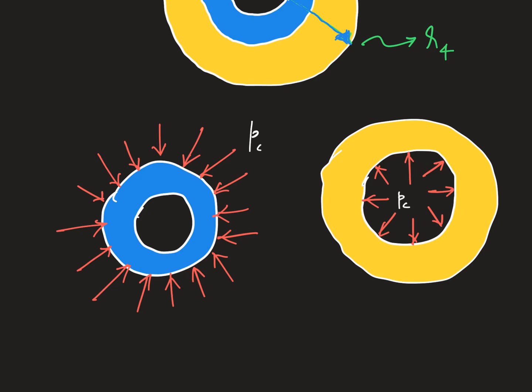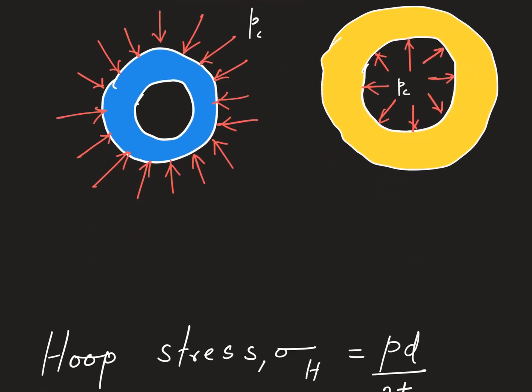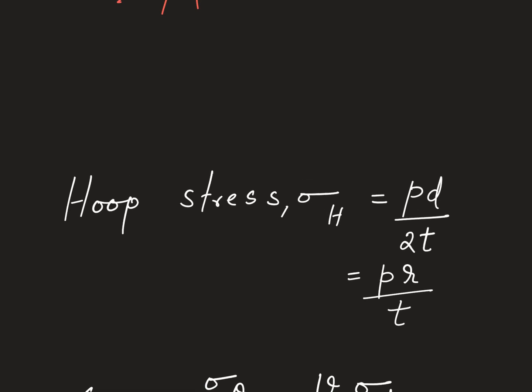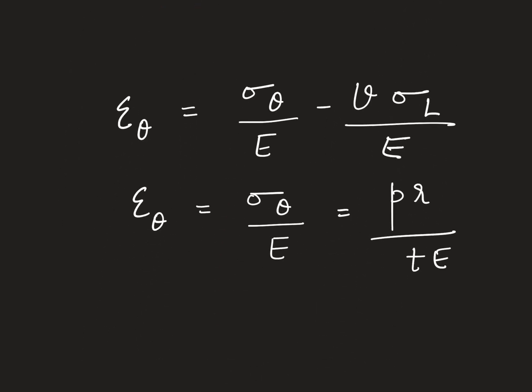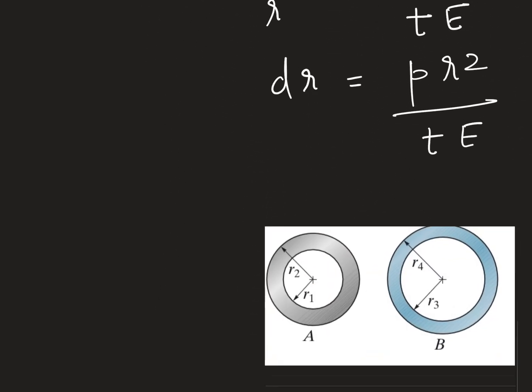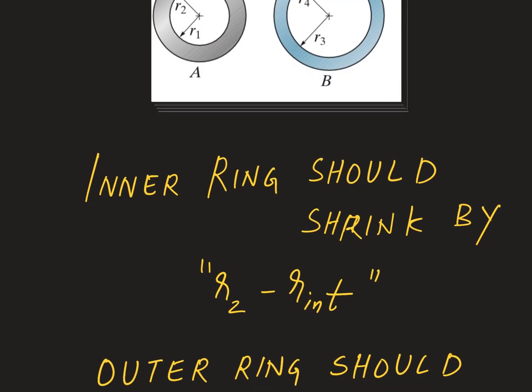Now you should apply your logic. What should actually happen to each of these systems? What should happen for the internal ring and what should happen for the external ring? I will come back to the formula kind of stuff after a while, but for the time being, let's see what should happen.